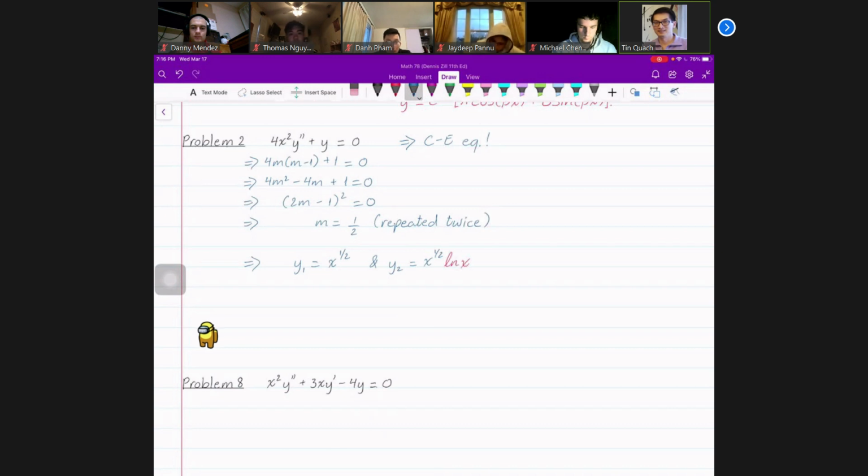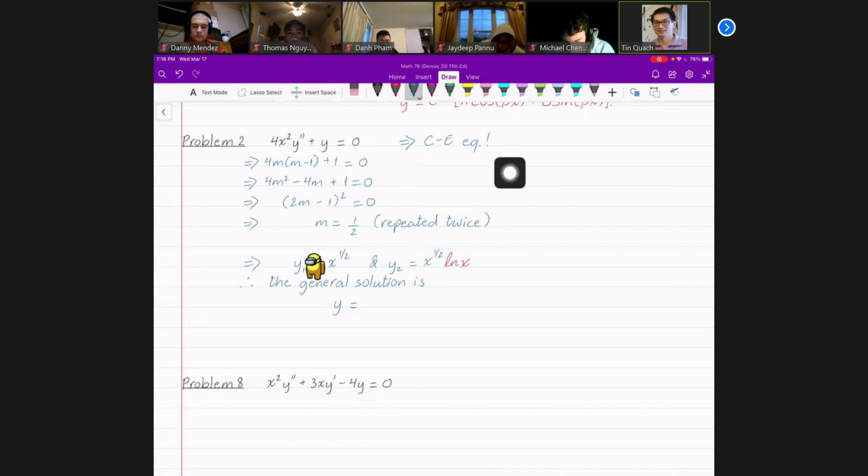So therefore the general solution is y. You don't write y sub c. The only time you write y sub c is when your original differential equation is a non-homogeneous differential equation, because when there's a function on the right, the general solution is y equals y sub c plus y sub p. That's why you write y sub c.